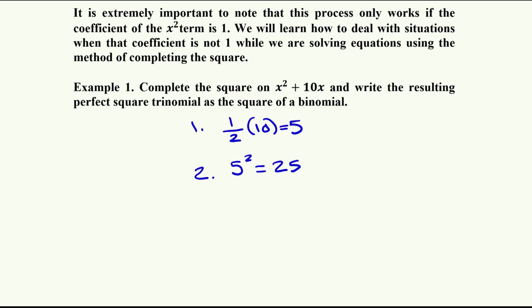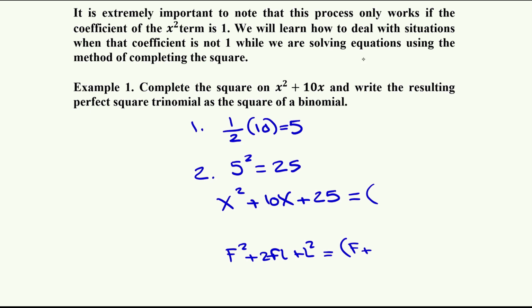That's exactly the number that we need to add to x squared plus 10x in order to turn it into a perfect square trinomial, which, as we know from this rule, that f squared plus 2fl plus L squared equals quantity f plus L squared. We know that this is going to be x plus 5 squared.